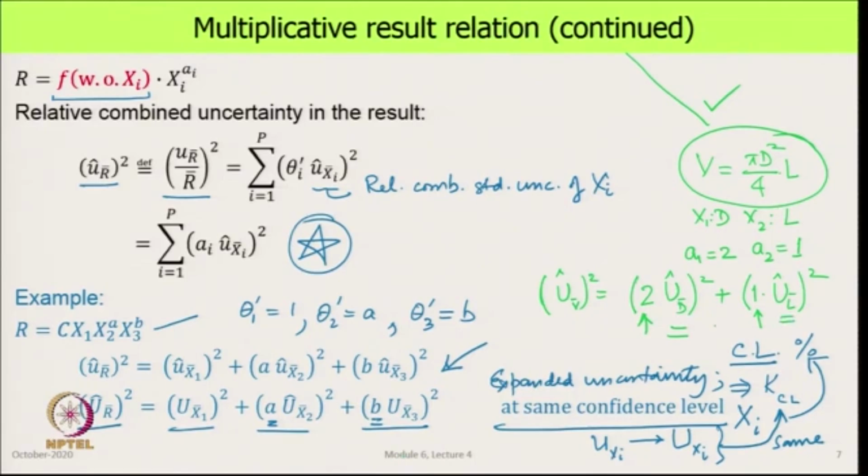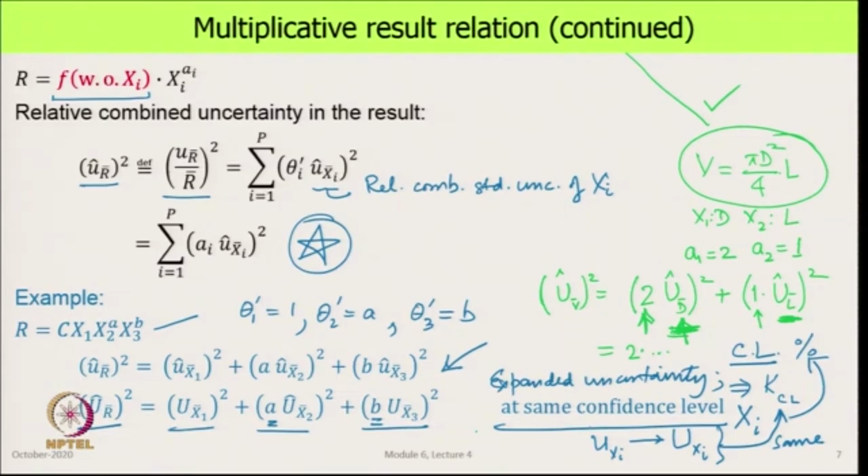If both these uncertainties are similar, say 1%, then the result uncertainty will be 4 plus 1, 5, square root 5, 2 point something, of which a large chunk came from uncertainty in the diameter. So, you would rather put your energy in reducing this uncertainty than worrying about measuring length more accurately.